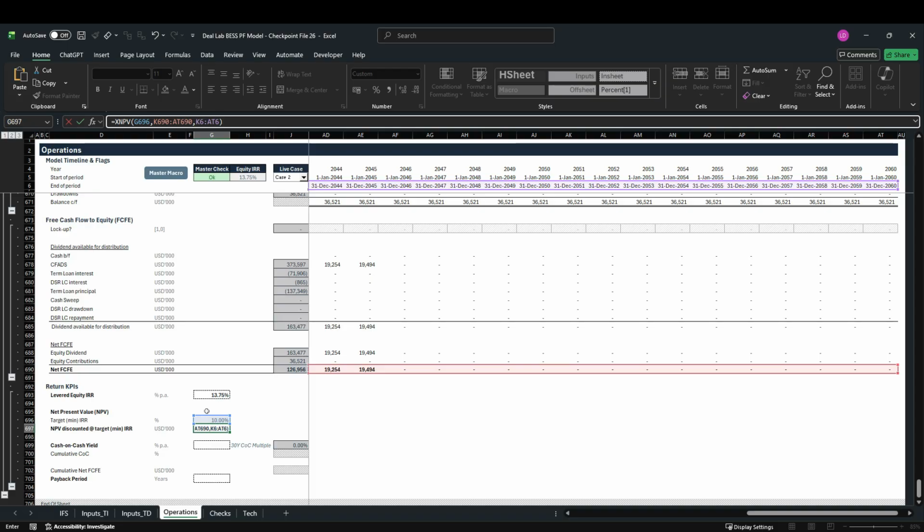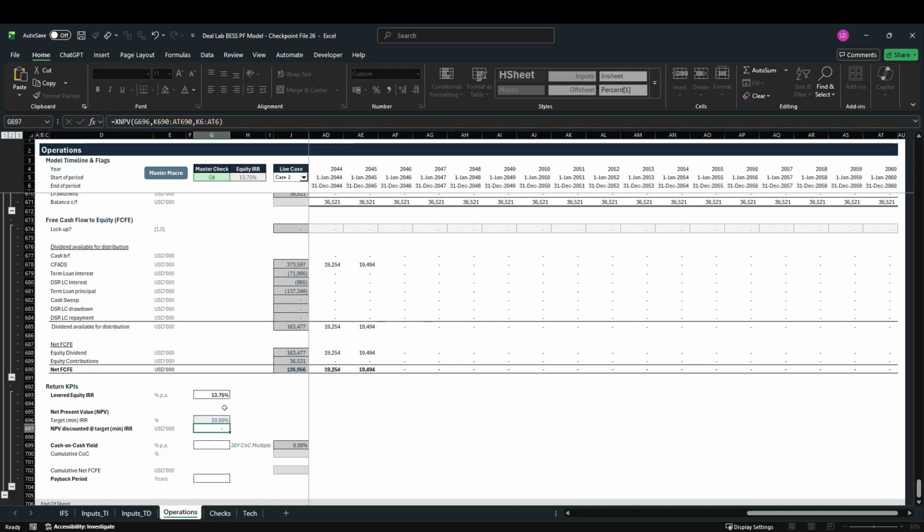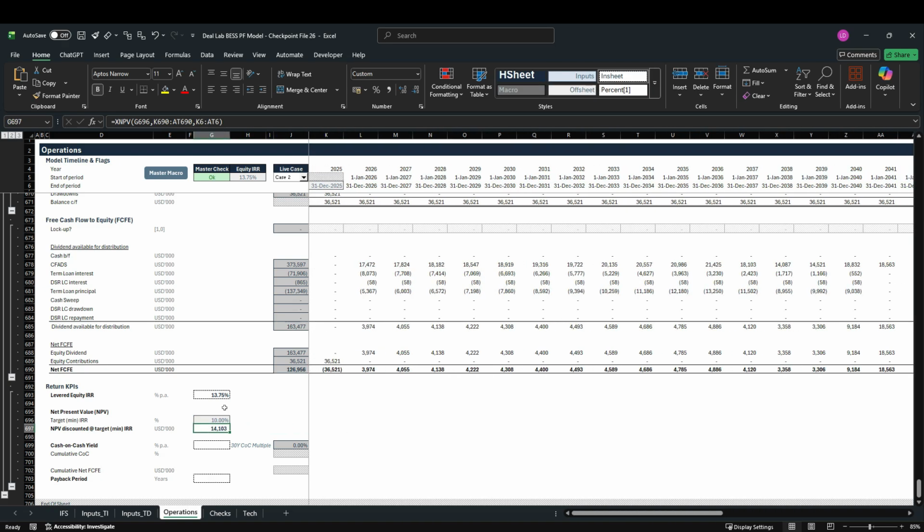And the NPV helps to then put a figure on how much value we are actually creating in today's dollar terms, because we use a present value, time value of money approach. So hit enter, and our NPV is $14.1 million, which essentially means that after considering the time value of money effect, we create $14.1 million in today's dollar terms.